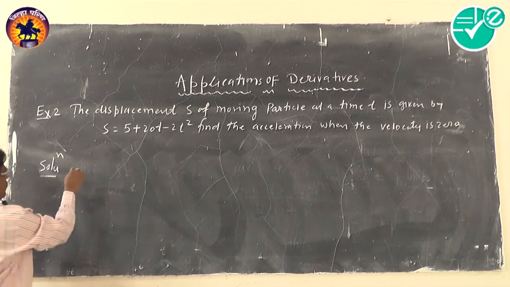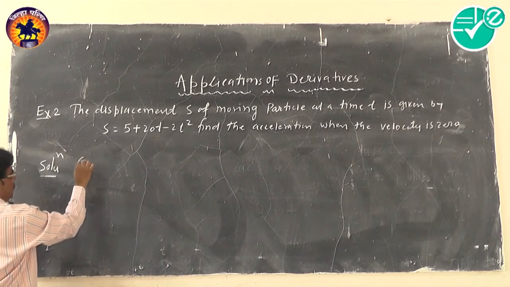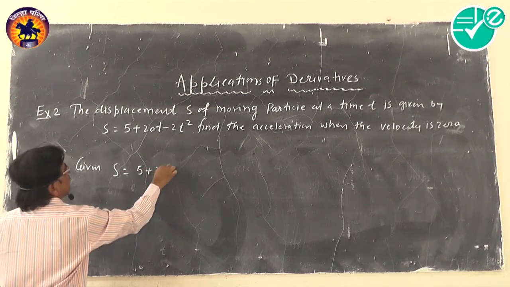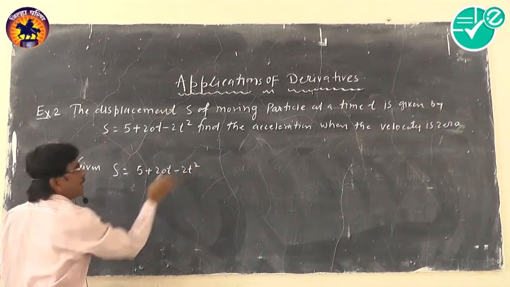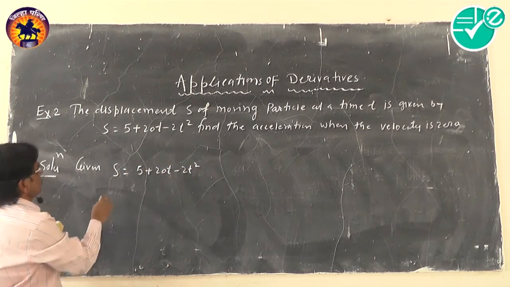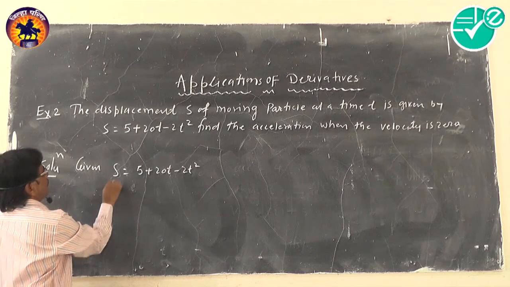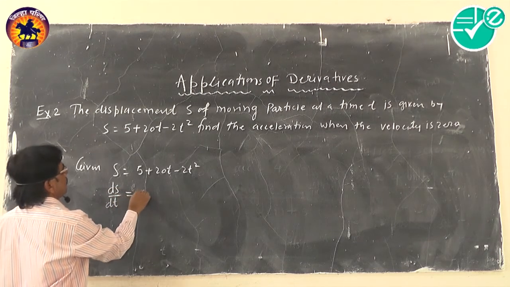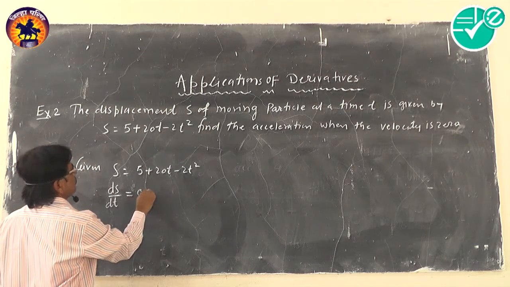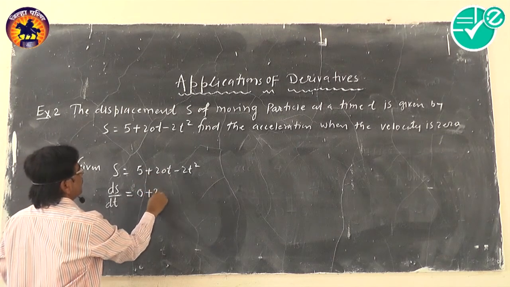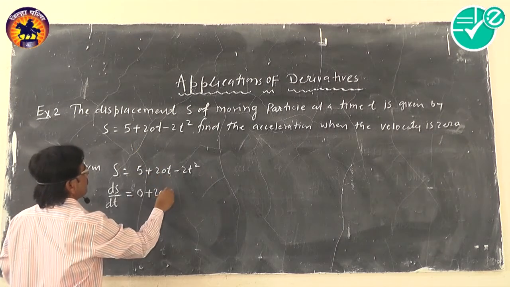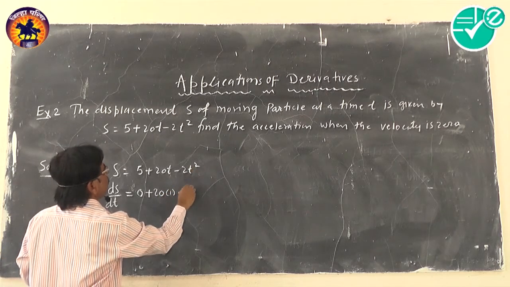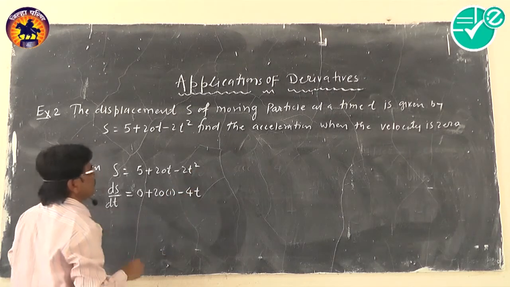Solution. Given displacement S is equal to 5 plus 20t minus 2t square. Therefore ds by dt is equal to, derivative of 5 is 0, plus derivative of 20t is 20 into 1, minus the derivative of 2t square, which is 4t.